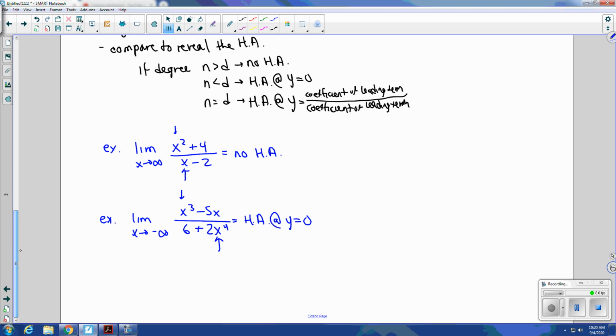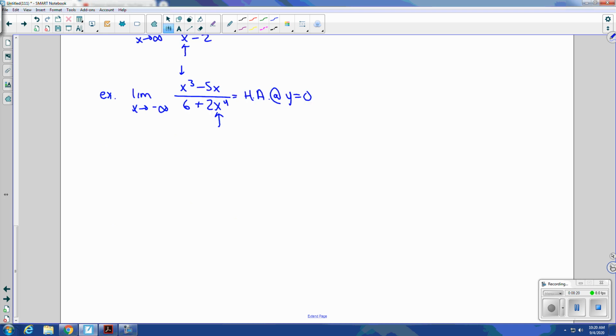And then lastly, what happens if the terms are equal in degree? So the leading term in the numerator is x cubed, in the bottom it's x cubed.